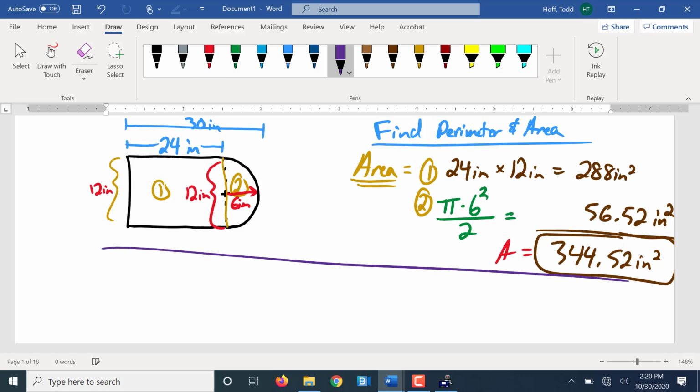For a perimeter, we're just going to pick a spot and work our way around. So I'm going to start here just because that puts the circle part last. This piece is 24 inches. This piece is 12 inches. This piece is 24. And then we have to find that half circle. How do we find that?